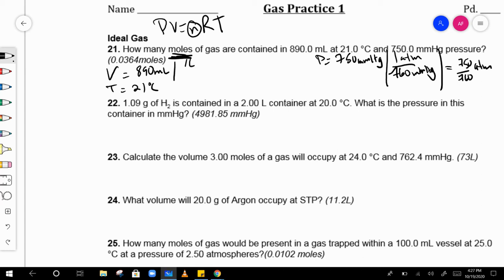Volume, 1 liter is every 1,000 milliliters, so 890 divided by 1,000 is 0.89 liters. And then 21 degrees Celsius, just add 273, so you get 294. And then R is 0.0821.